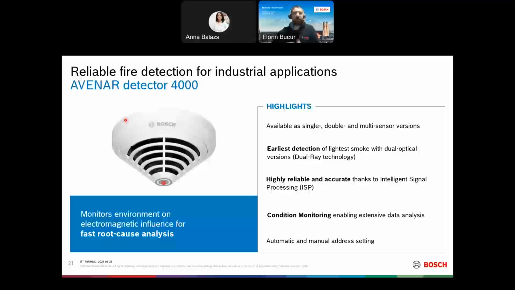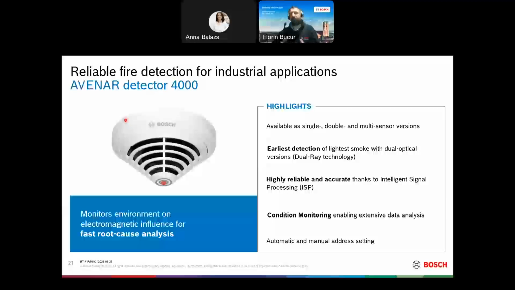So besides the dual ray technology, which is these two LEDs in the optical chamber, the detector is also capable of two more false alarm filtering methods. One is the ISP.